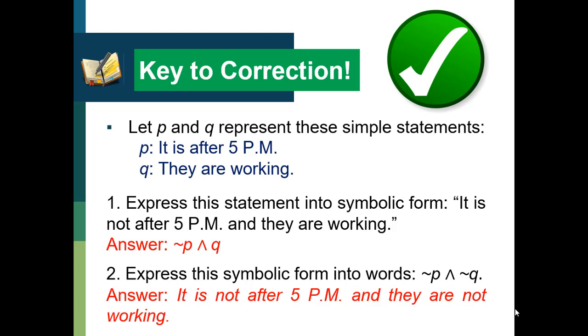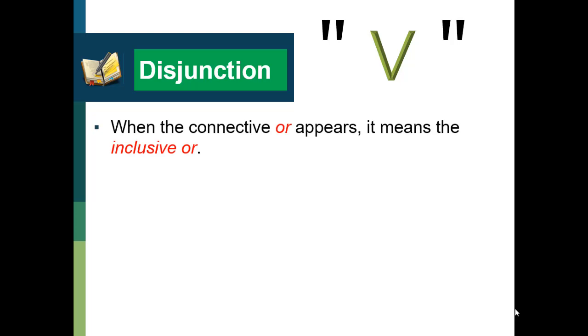We will proceed with disjunction. So what's new with disjunction? What's the difference between conjunction and disjunction? It utilizes the inverted symbol for conjunction, and that is the letter V. Now, when the connective or appears in a compound statement, that means an inclusive or.